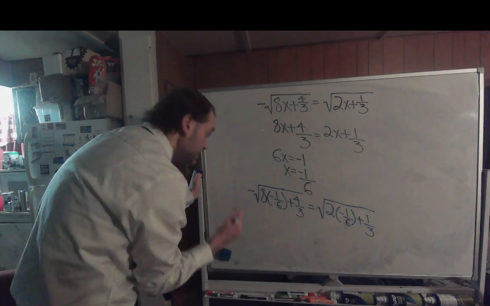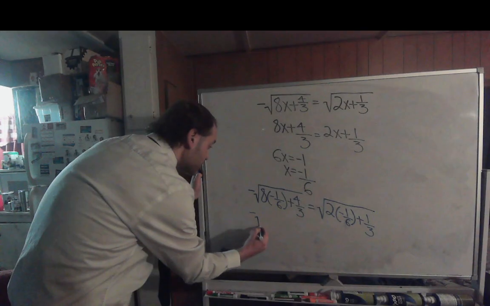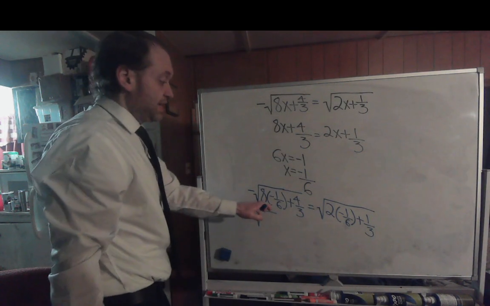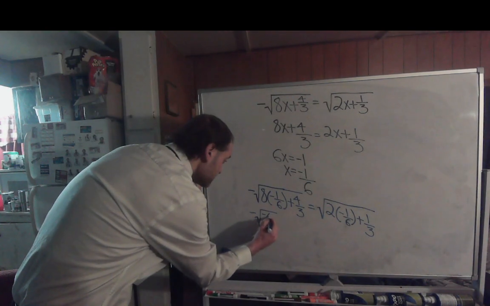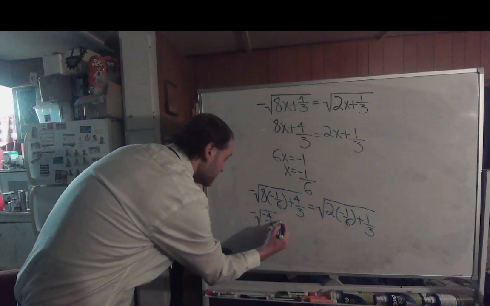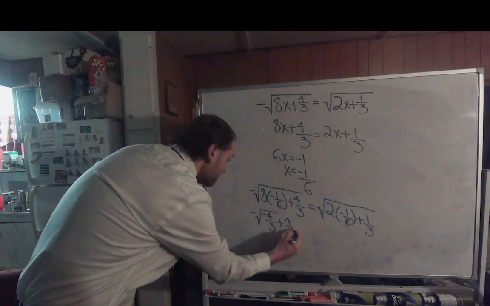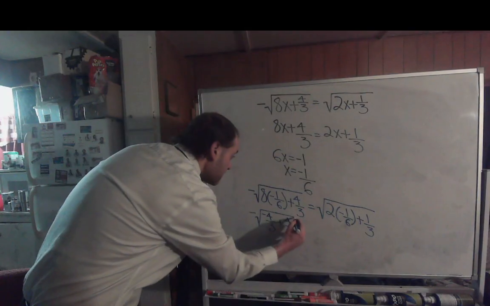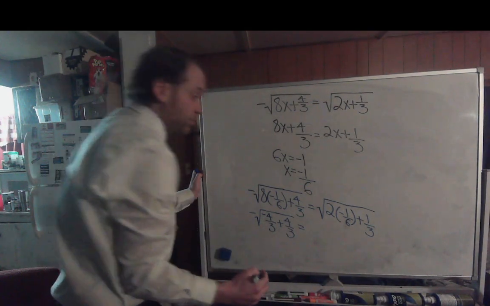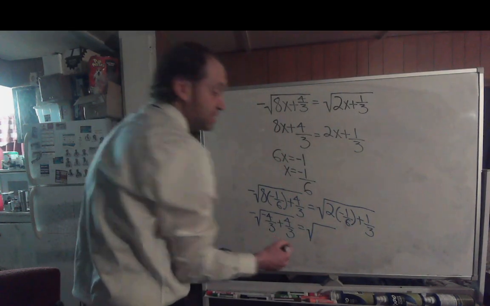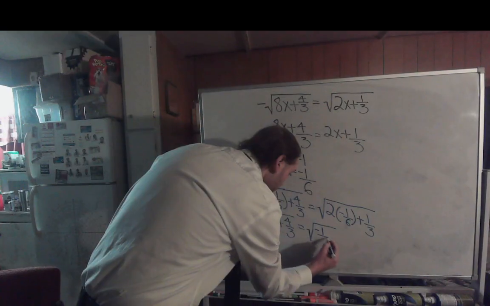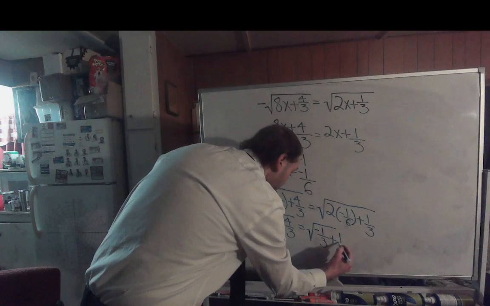Alright, so let's see. Negative of the square root, what is negative 8/6? In simplest form, that's negative 4/3. You'd have the square root of negative 4/3 plus positive 4/3 is going to equal the square root of 2 times negative 1/6. Well, that's negative 1/3 plus 1/3.